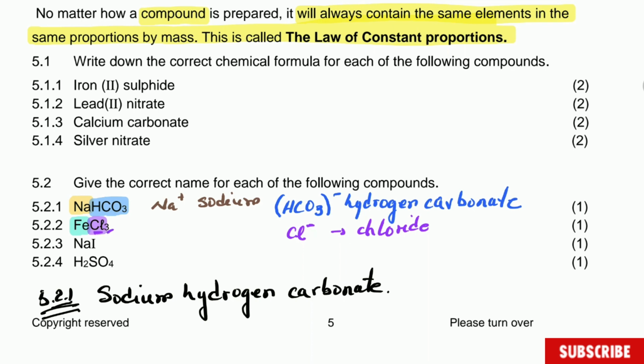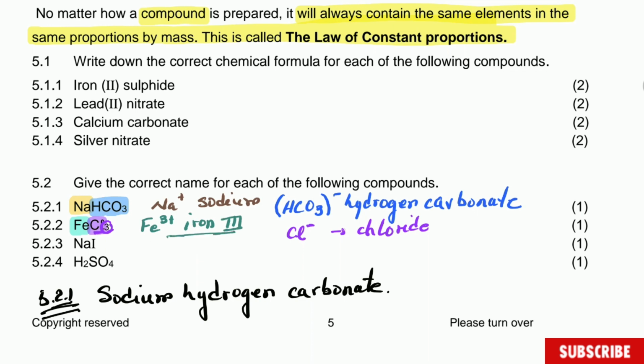Now, the 3 you see there, guys, is coming from the ion. So if the ion is a 3 positive, like Fe3 plus, then this is iron 3.